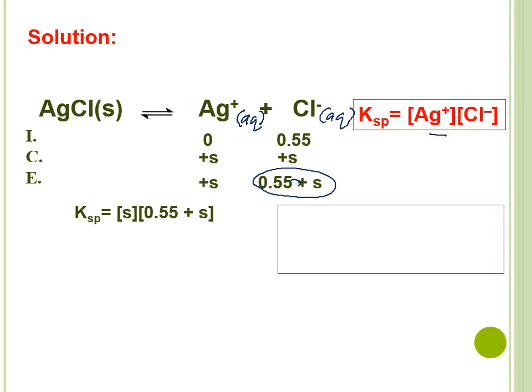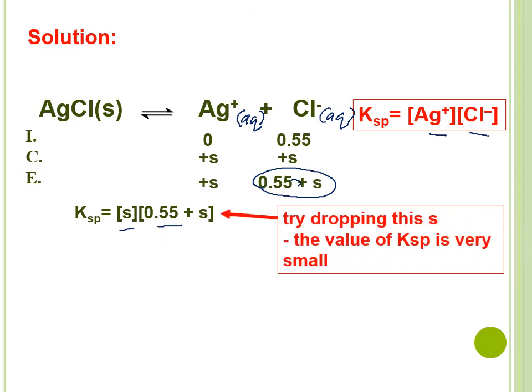Okay, so what we're going to do is insert the values into the Ksp expression. Ag+ is S, Cl- is 0.55 plus S. S is very, very small. So 0.55 plus S is almost equal to 0.55, because we want to try to drop this S since the value of Ksp is very small.